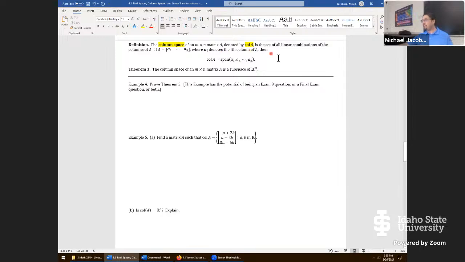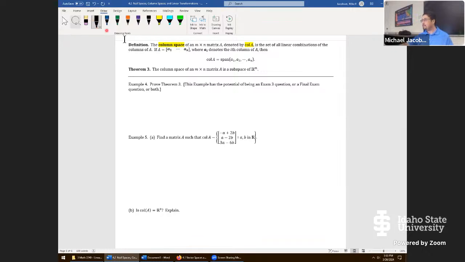Ai is going to be the ith column of A. Let's say a little bit about that ith column. If A is of size m by n, that means there's going to be n columns, but every column will have m entries altogether. So over here, when it says A1, A2, An, Ai is going to just be any one of those different columns, but we can also say Ai is in Rm this time.